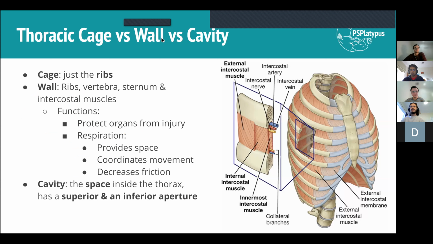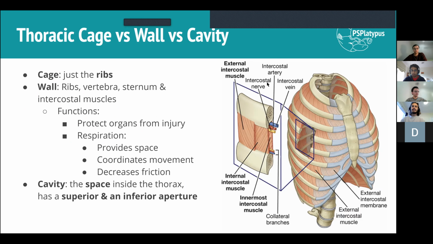All right, let's get into it. So the thoracic cage versus the wall versus the cavity. We're talking about the chest generally, the thorax. The thoracic cage is really referring just to the cage created by the ribs. You can see the ribs going down here, 1 to 12. When we're talking about the thoracic wall, however, we're talking about most of the structures that create the enveloping of the thoracic cavity.